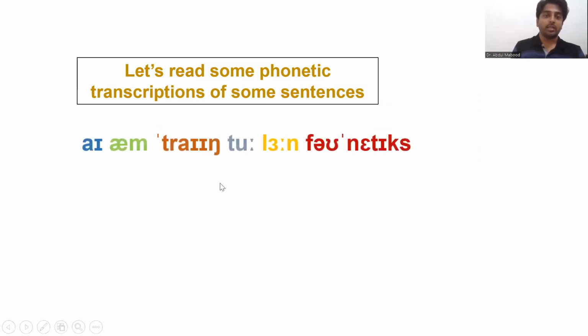Now, can you read this? I know it will be very difficult, but still, if you can, let's try. Fine. So what is written here: the first one is I. Then next is am.